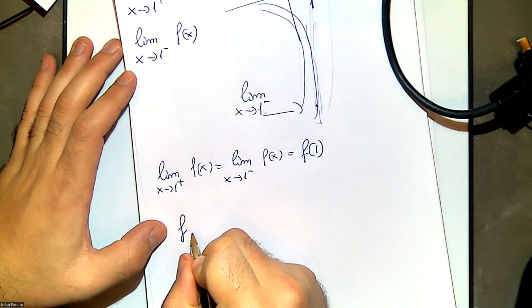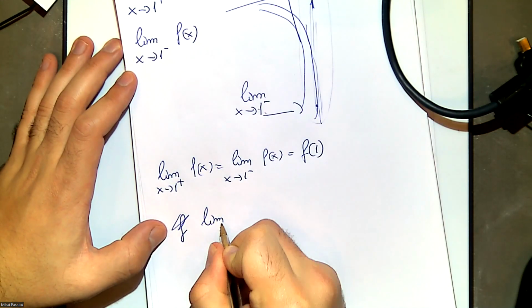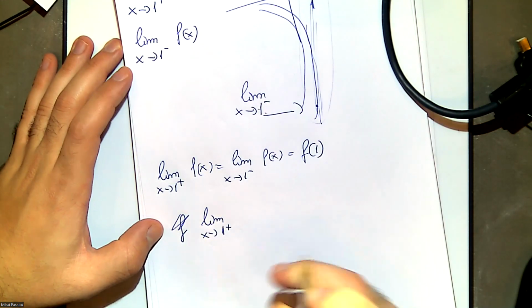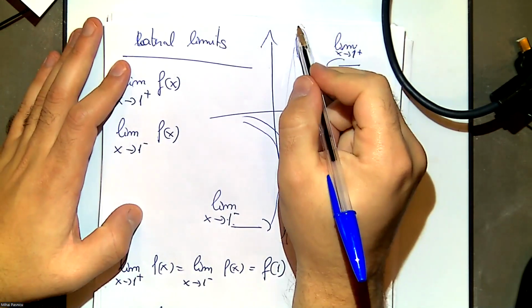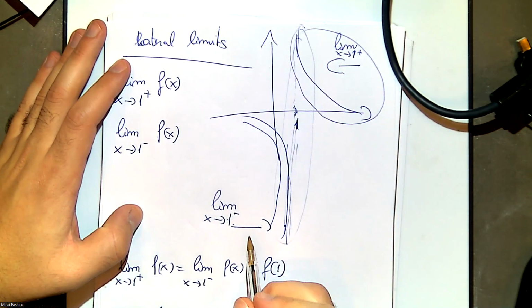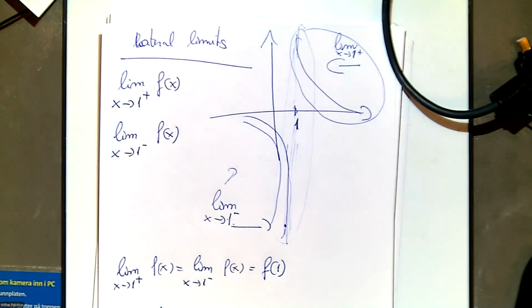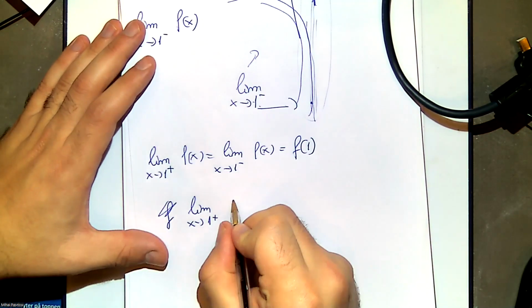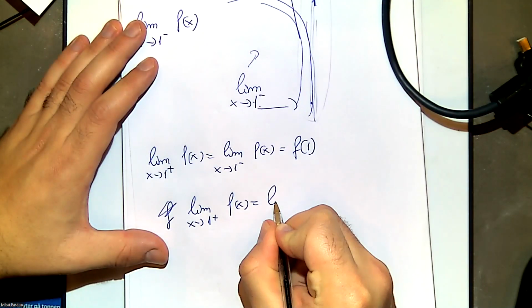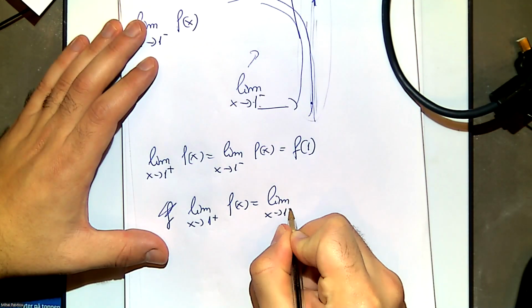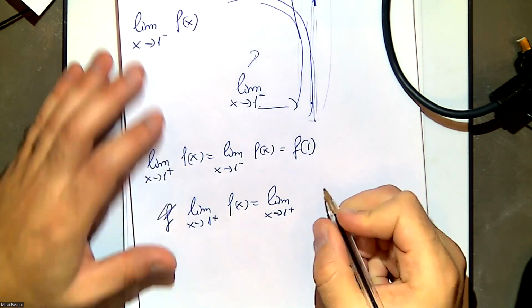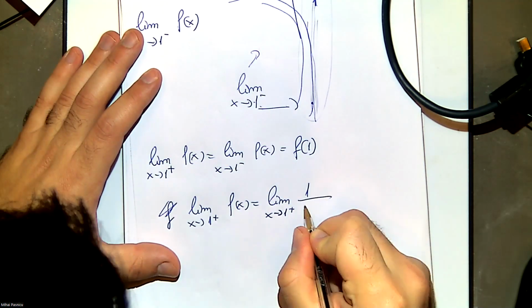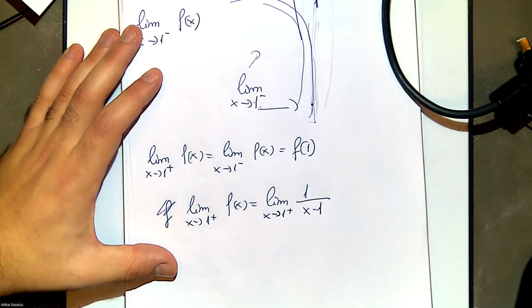Okay, and in this case, now let's just see how we can compute them. So I have limit when x goes to 1 with a plus. So again, I'm looking at this limit. I'm only looking at this side. I do not care about this for now. So limit when x goes to 1 with a plus, f of x, which is the same as limit when x goes to 1 with a plus of 1 over x minus 1.